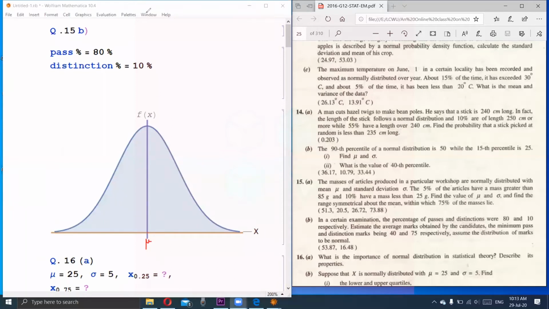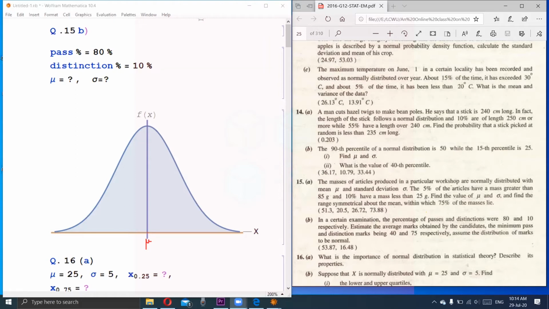So both parameters mu and sigma are unknown, and we have to find out these two parameters using the above two conditions, pass percentage and distinction. 40 is the minimum point above which 80% students will lie.